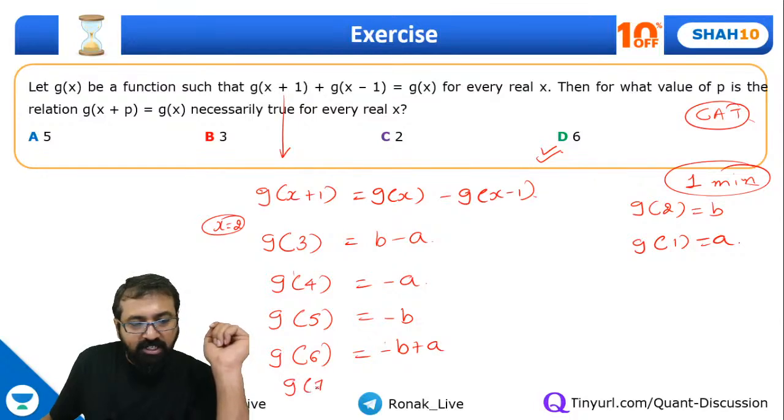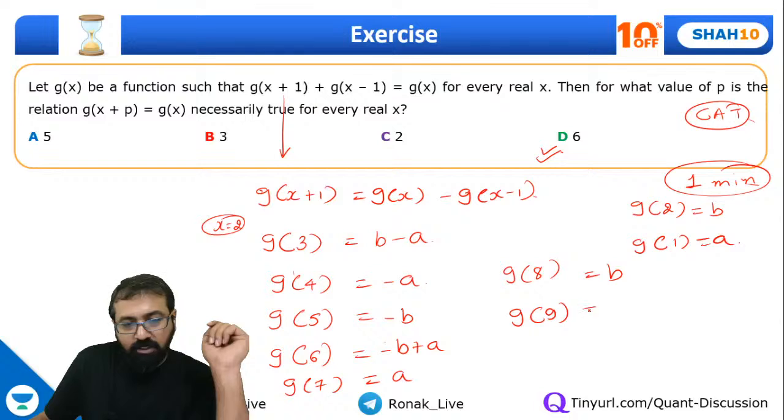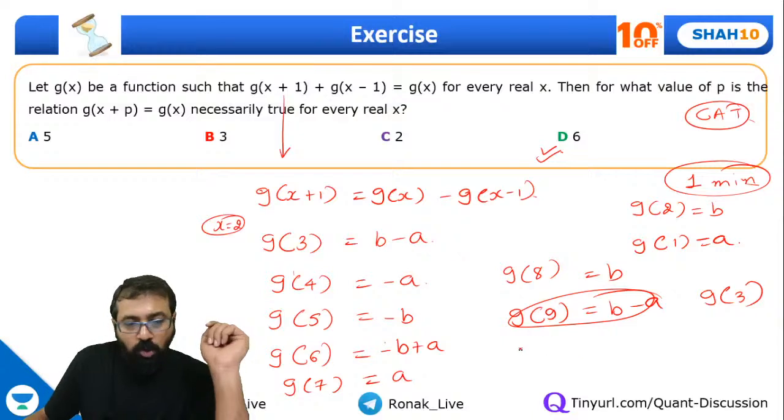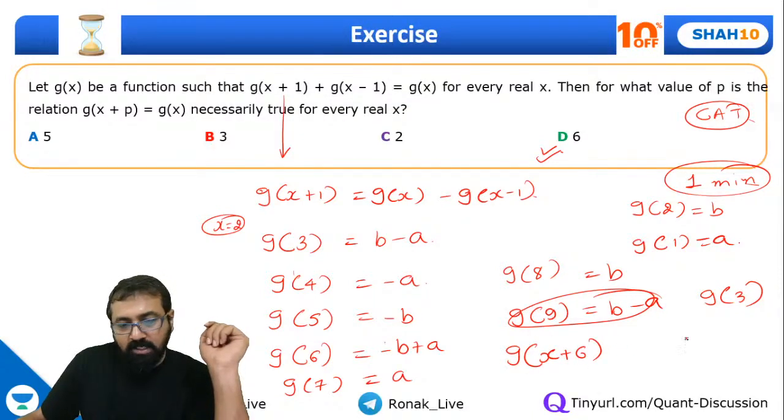Then g of 7 will be equal to, if you just solve this, a. G of 8 will come out to be b, and g of 9 will come out to be again b minus a, which is nothing but equal to g of 3. So I can say g of x plus 6 is equal to g of x.